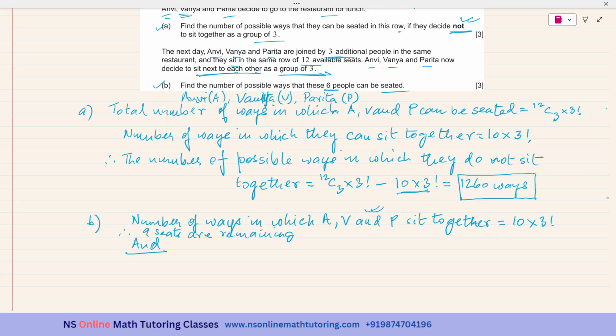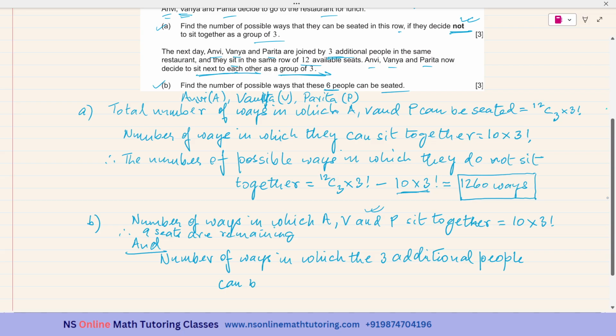Okay. And the number of ways in which the 3 additional people can be seated is equal to 9C3.